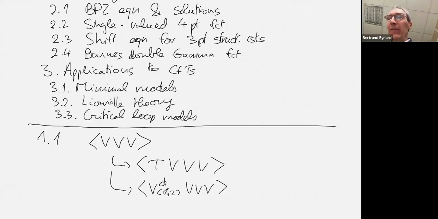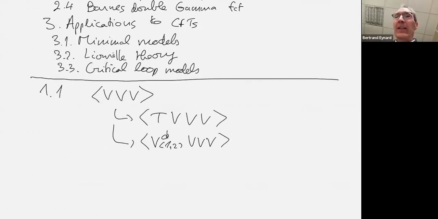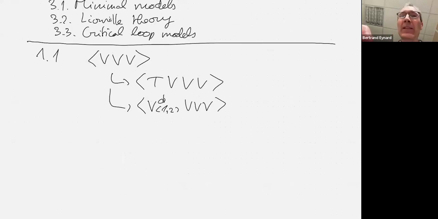So in the case of conformal symmetry of TVVV, the constraints I can derive are called conformal Ward identities. And to derive them, I have to know the properties of this energy momentum tensor, and in particular, its operator product expansions with the other fields.